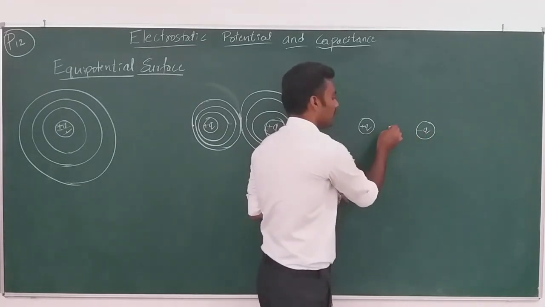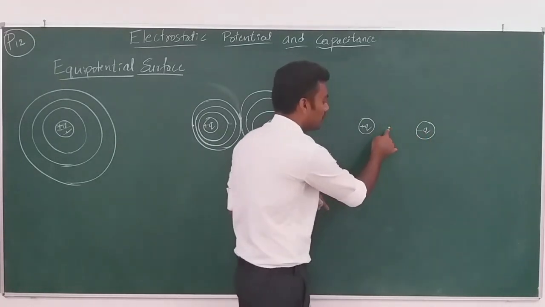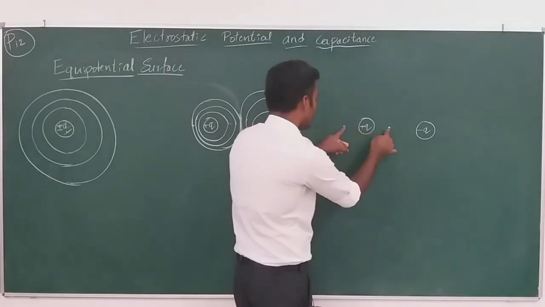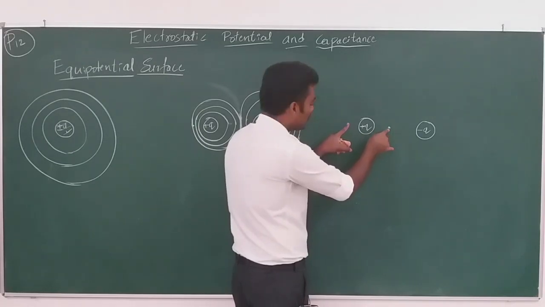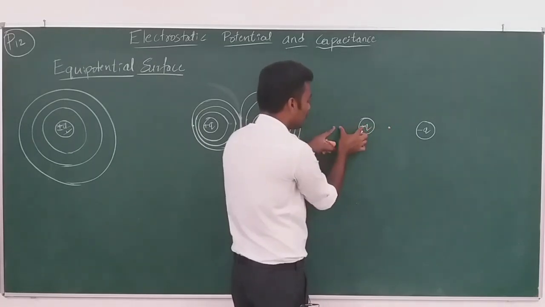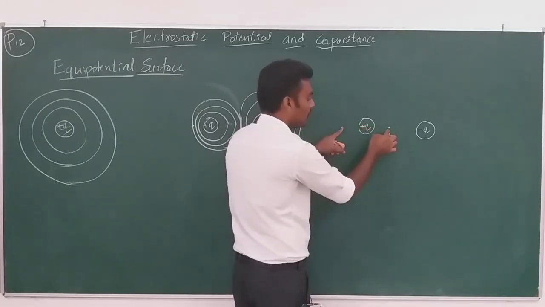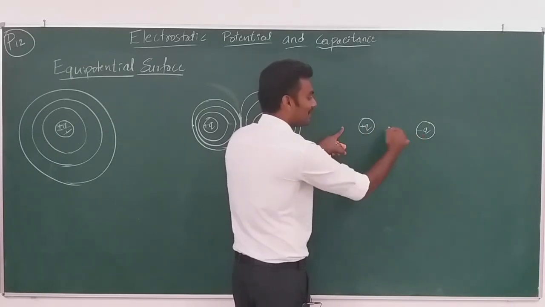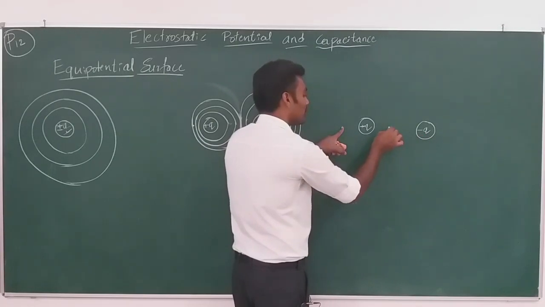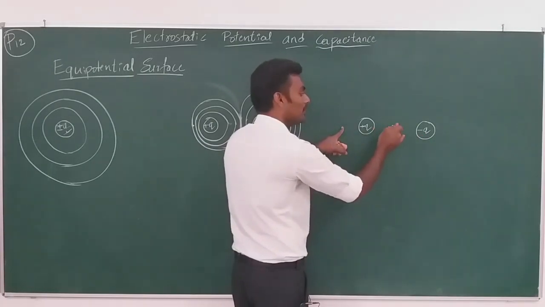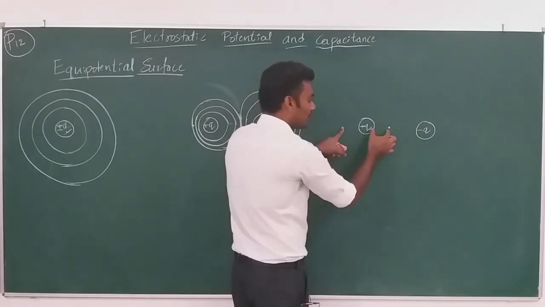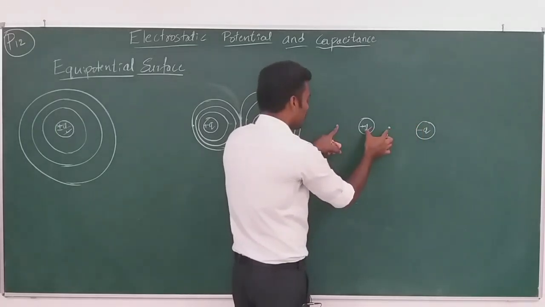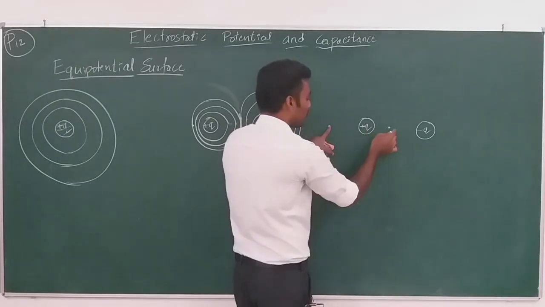So here, say I have a certain potential V1, and at the same distance here I will have more potential. Potential at the same distance here will be more compared to this point. Why? Because this point is more influenced by this negative charge, which makes the potential lesser here: plus V1 minus some V2 due to this. So in order to get the lesser potential, I need to move away from the positive charge.